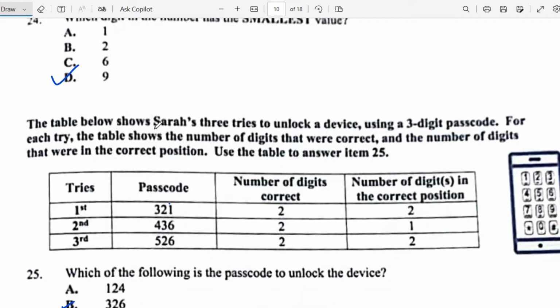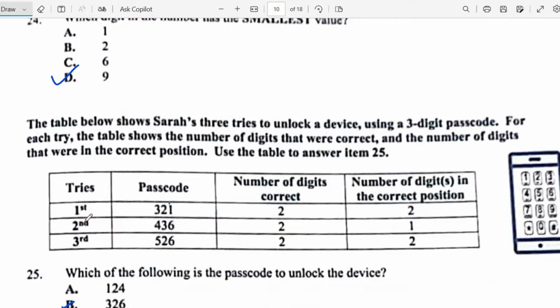The table below shows Sarah's 3 tries to unlock a device using a 3-digit passcode. For each try, the table shows the number of digits that were correct and the number of digits that were in the correct position. Use the table to answer item 25.